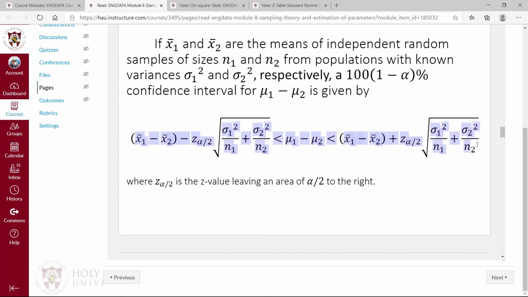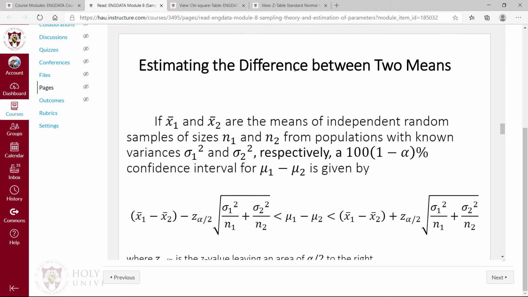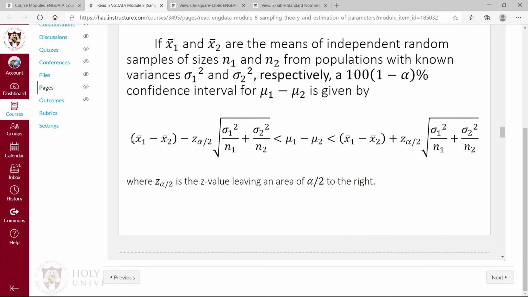The alpha level z score is computed similar to our previous problem. Since we are estimating the difference between the two means, we need to use this formula.